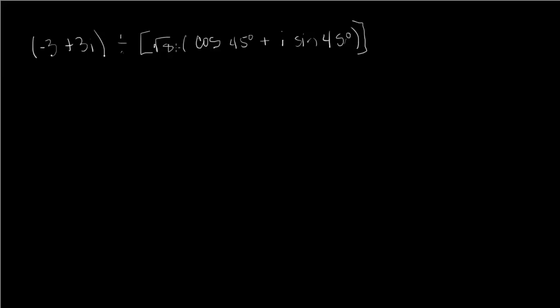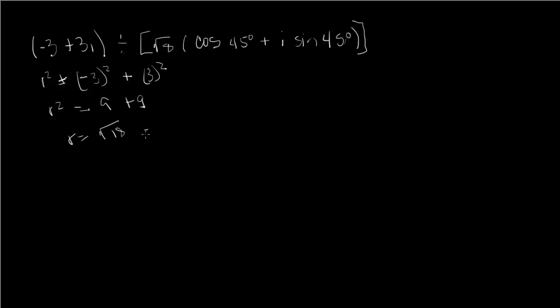So I need to find my r. So r squared equals a squared plus b squared, or r squared equals negative 3 squared plus 3 squared. r squared equals 9 plus 9. So r equals the square root of 18, or 3 square root of 2.